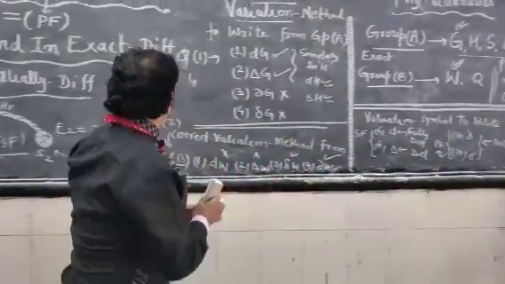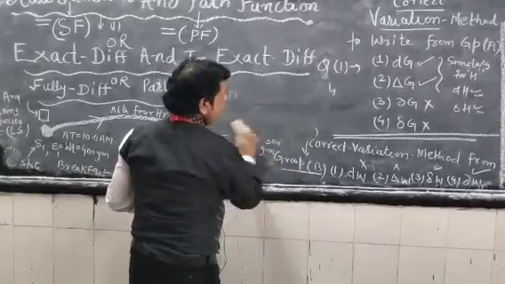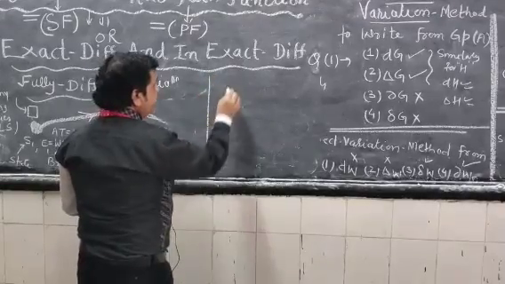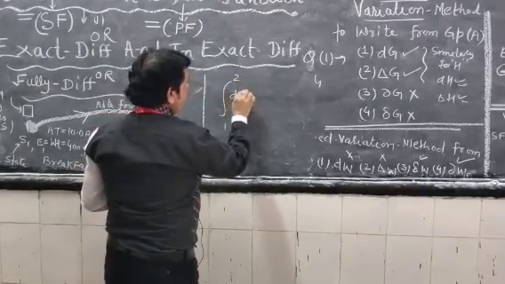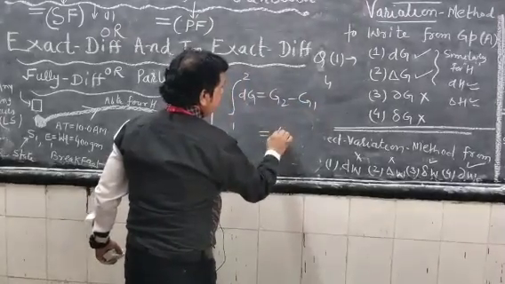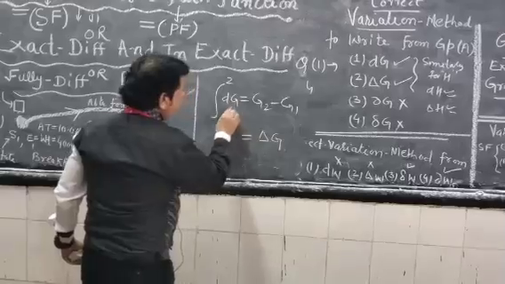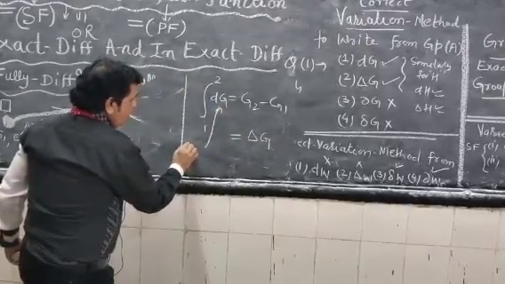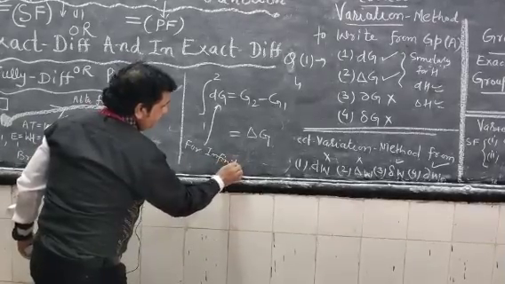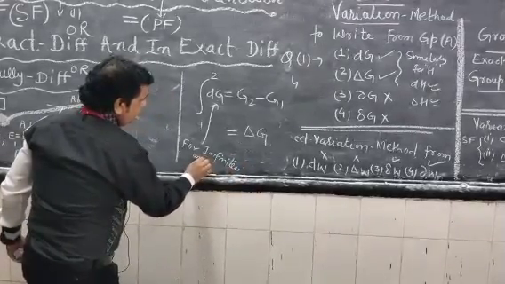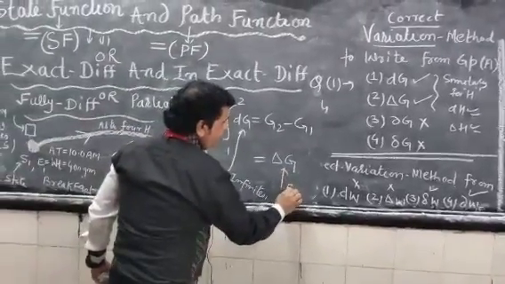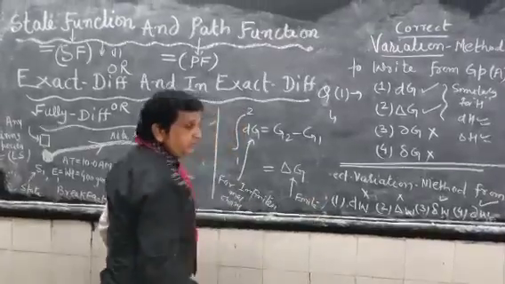One important equation I am writing here: dG and del G. Fundamentally, between states 1 and 2, G2 minus G1 is equal to del G. dG is for an infinitesimal change, and del G is for a finite change.